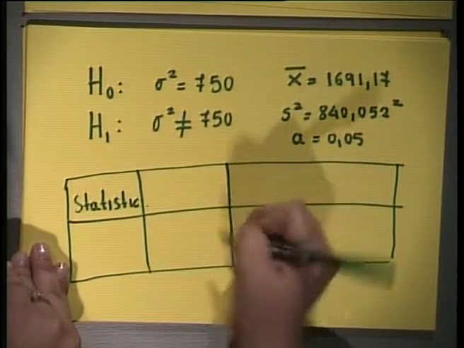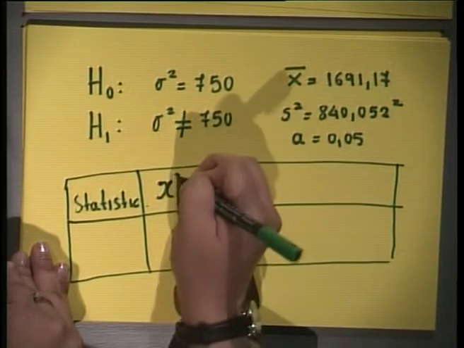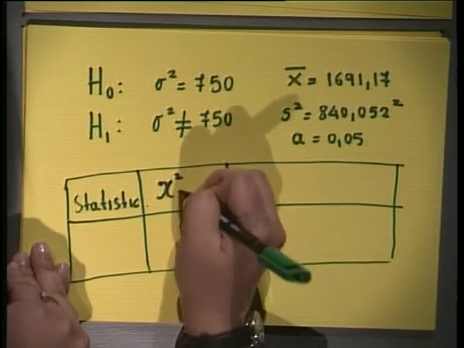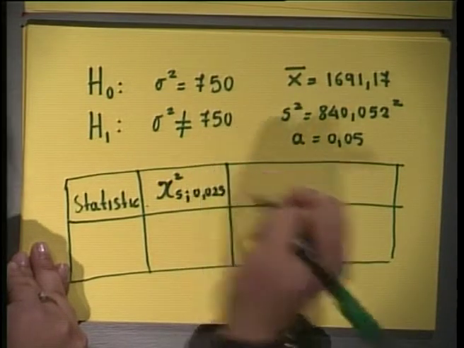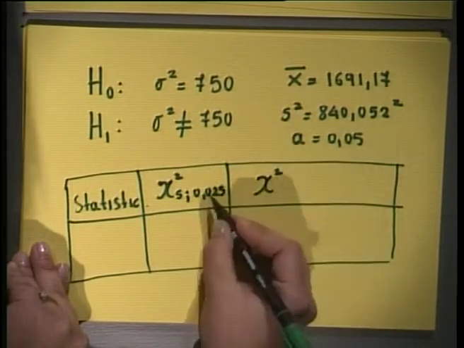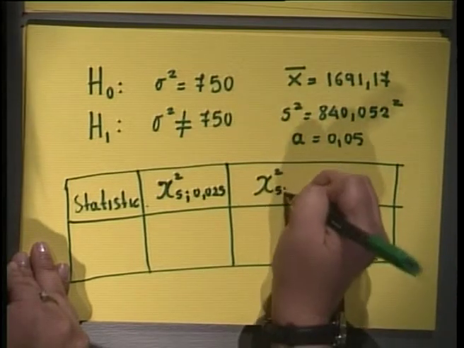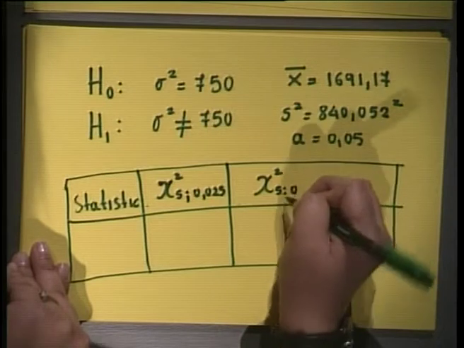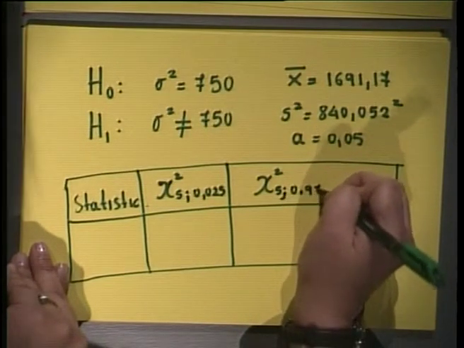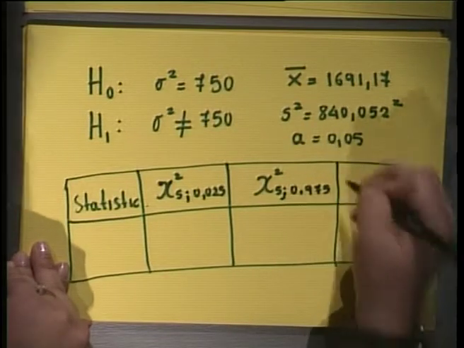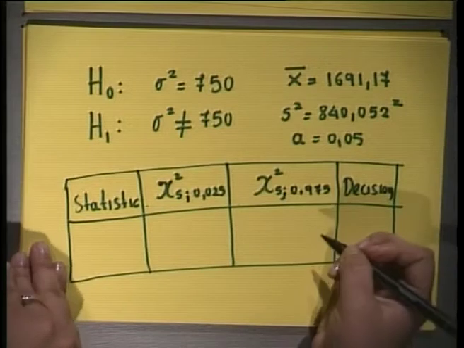Now, two values we said we need to calculate for our distribution. This is alpha over 2, and this will be 1 minus alpha over 2, as we have seen. And finally, we need to make a decision based on this.